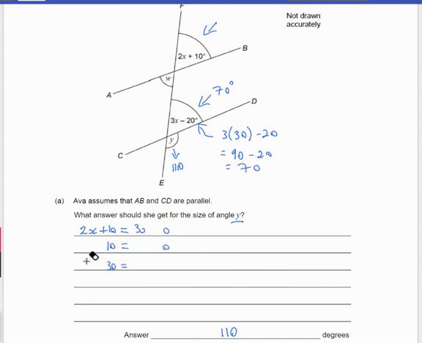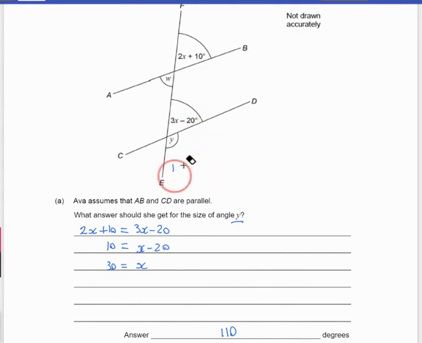Wait, can I undo that? Yeah, I can undo that. That's good. That's not the bit that I wanted to erase. What I wanted to erase was the annotations in the diagram, because now we're going to be doing different work. So the second part has told us that in actual fact, W is 60 degrees.